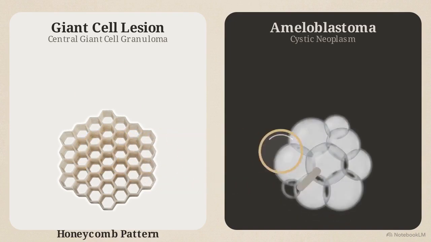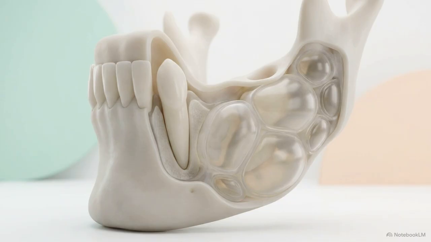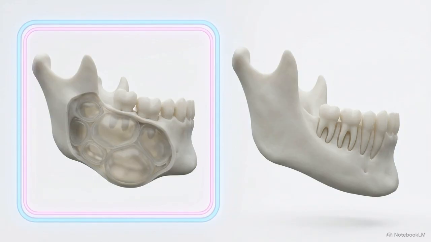In contrast, this patient's radiographs show the thicker, distinct septa that produce the classic soap bubble appearance. Furthermore, while giant cell granulomas can cause expansion and tooth displacement, they rarely result in the significant root resorption seen here. Although giant cell granuloma remains a possibility, the high radiolucency and the presence of root resorption make ameloblastoma the most probable diagnosis.